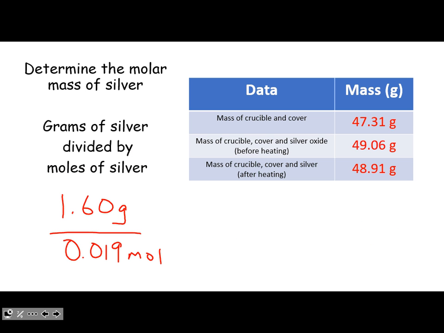So I take my mass of silver, 1.60, and divide it by 0.019, and I get a value of 84. How many sig figs? 2 sig figs. 84 grams per mole for my molar mass of silver.